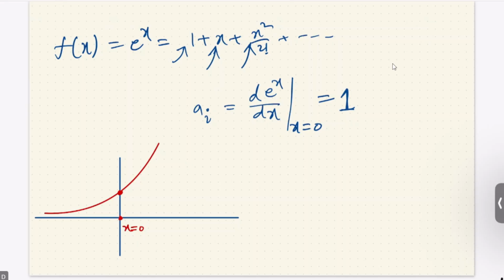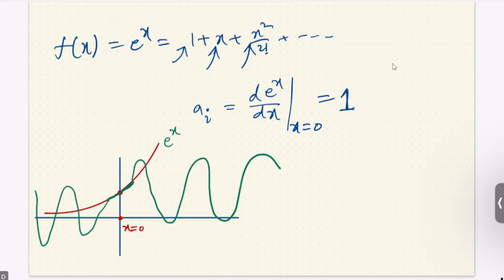Now if I change this function, if I maintain the part around x equal to 0 up to here, and this is our e^x, and then I change to some new function like this, g(x), which is another new function. This is e^x, your original function.